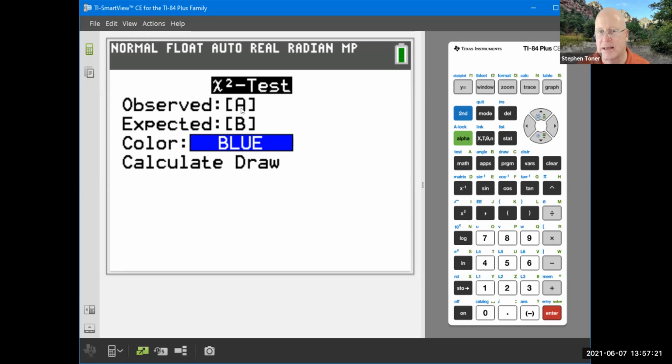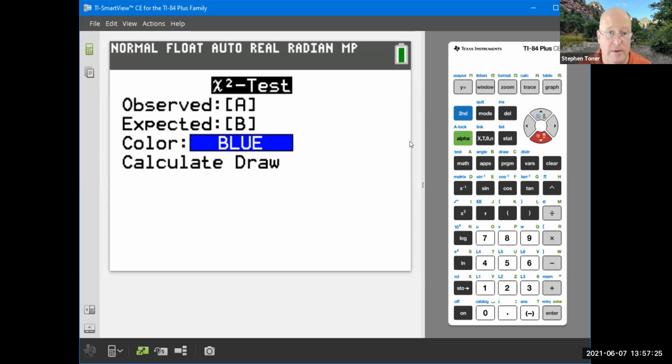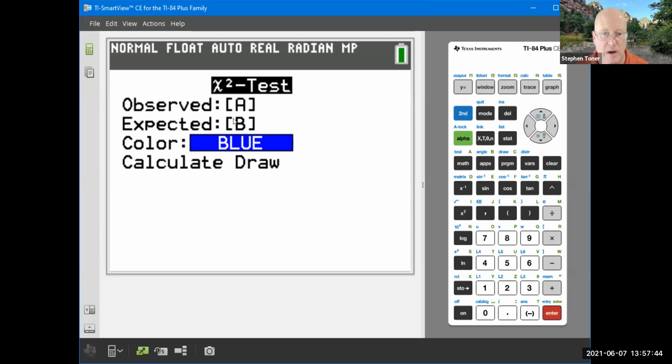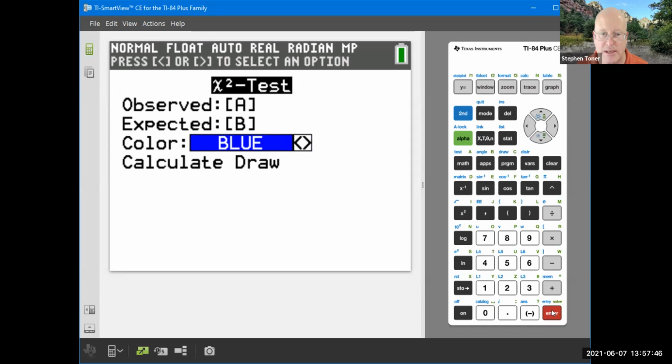Now, my data is in matrix A, and you probably saw earlier, there was nothing in matrix B. I can tell it where I want the expected values to go. And if I wanted to change this from B to something else, I would hit second matrix, and I could then choose B, hit enter, and there's my matrix B going into that position.